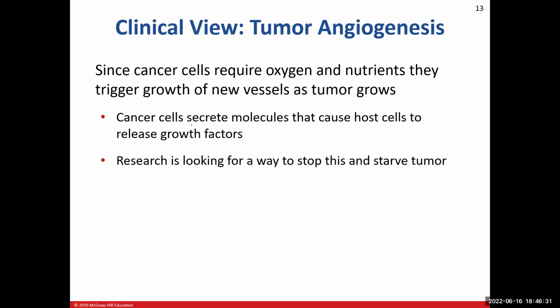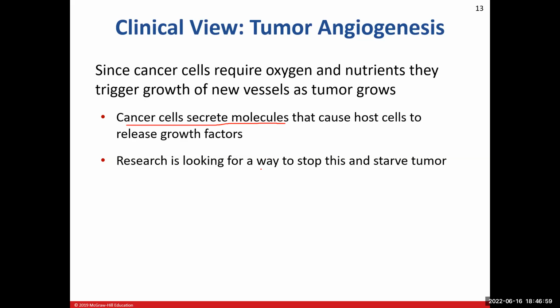They will start to secrete these specialized molecules, what we call cytokines, these chemical factors here. And so they'll release these chemical growth factors that will stimulate the body to actually make blood vessels that will come to those cancerous cells so they can start to grow in an uncontrolled rate.